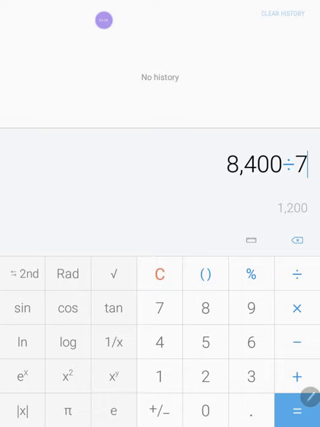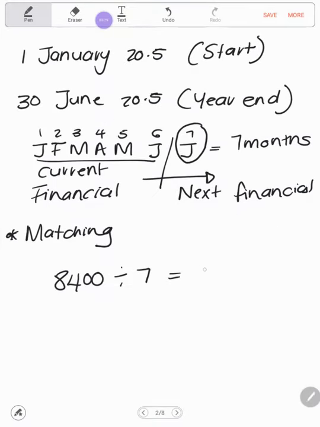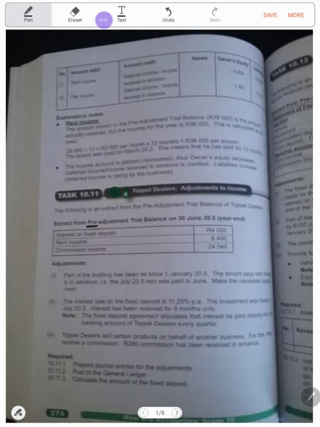So our rent that we charge this man a month is 1,200. So of this rent, 1,200 rand has been paid in advance. All right. Then we're going to work out the next adjustment.